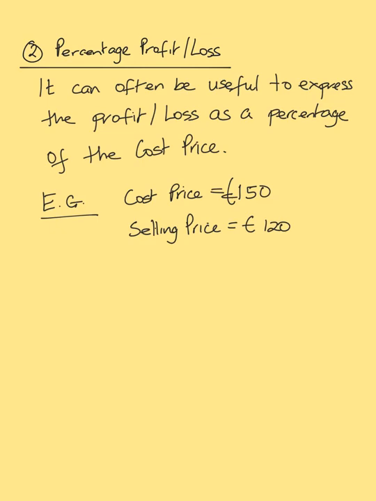Now in this example, the cost price is €150 and the selling price is €120. So do we make a profit or a loss? It cost us €150, we're selling it for €120. So yes, we make a loss, and we just write that down. This implies, the equal sign with the little arrow, this tells us that we make a loss, and the loss is €30.